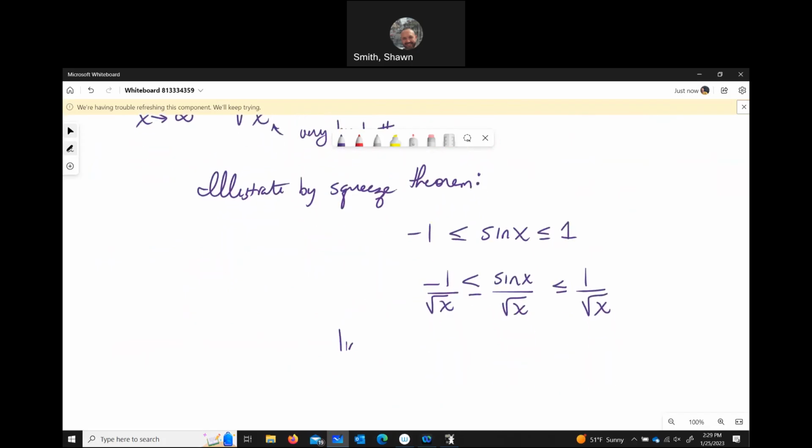Take the limit of each side. So there's no trig function in this. We just did this, right? Square root of a huge number is still a big number. Negative 1 over that huge number is still 0. The limit of this one is still 0, so therefore this limit has to be 0.